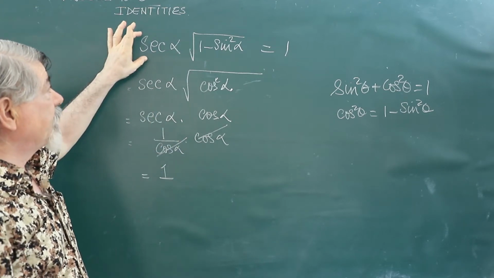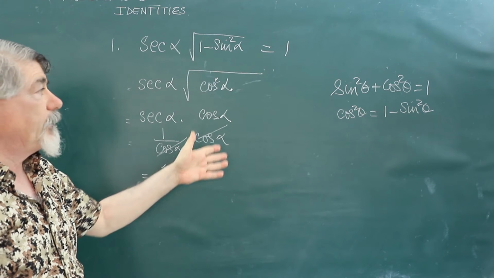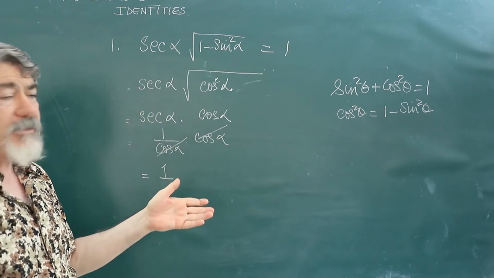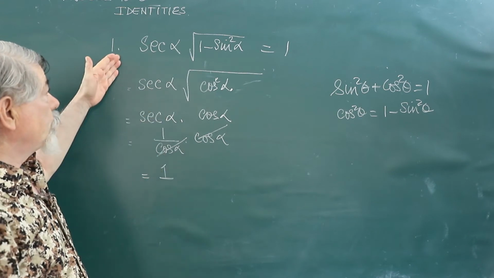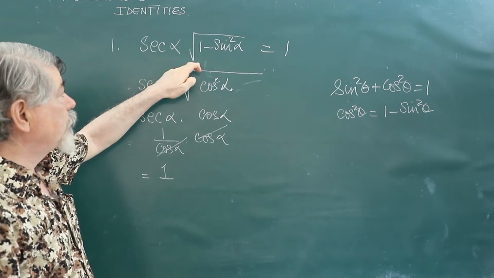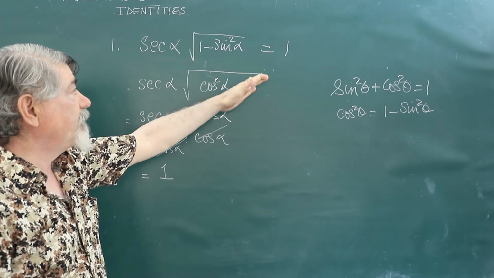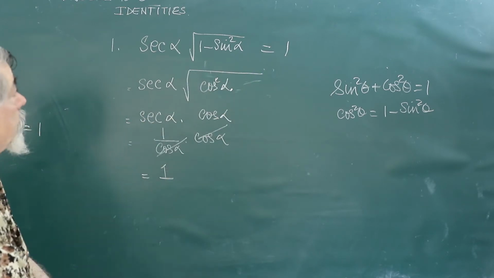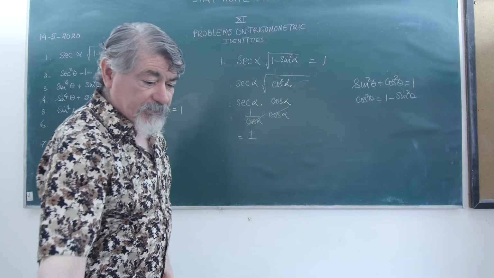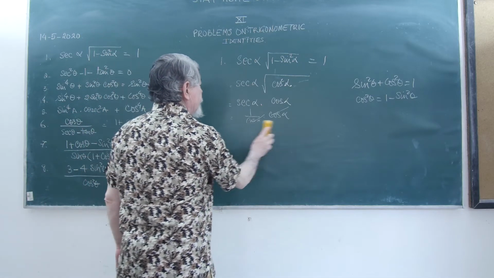Applying some basic identities, from sec alpha into under root 1 minus sine square alpha, I've been able to prove it is equal to 1. Now let us see the next problem, the second one.